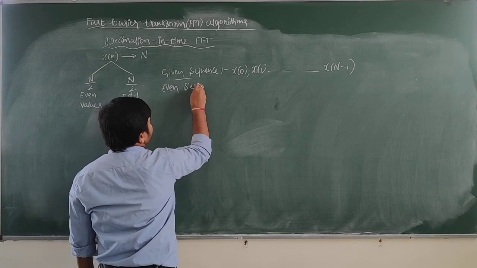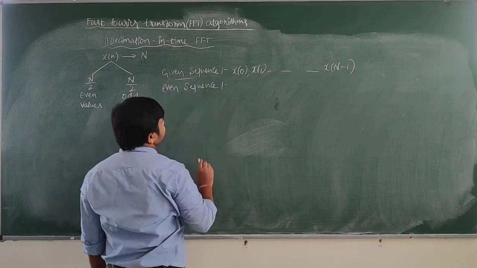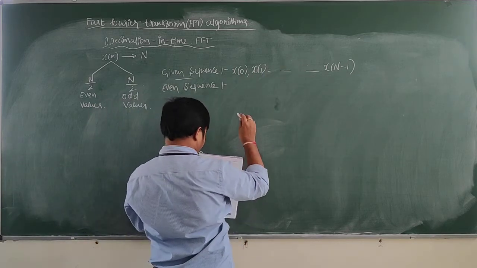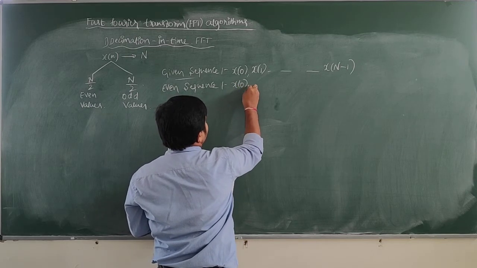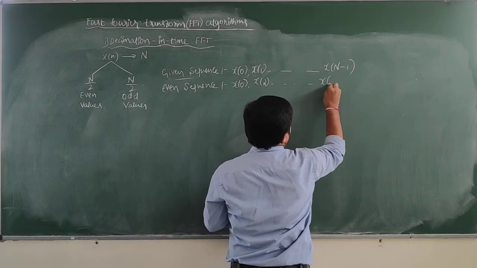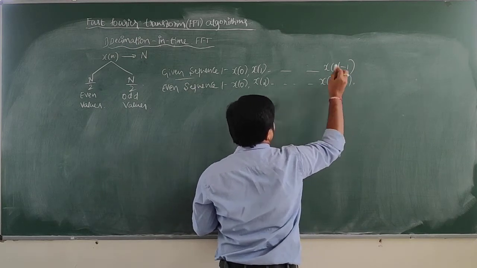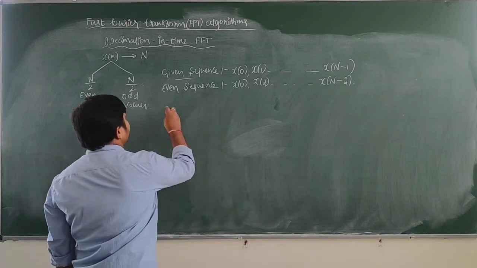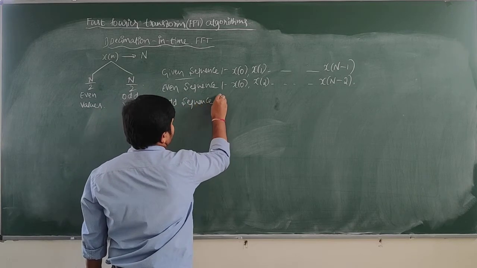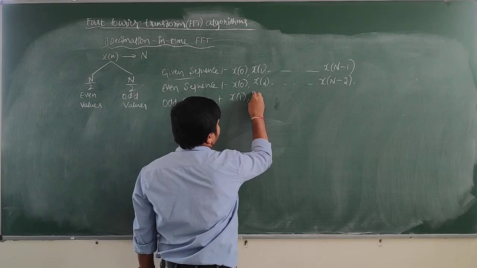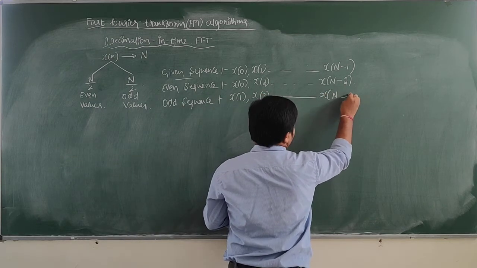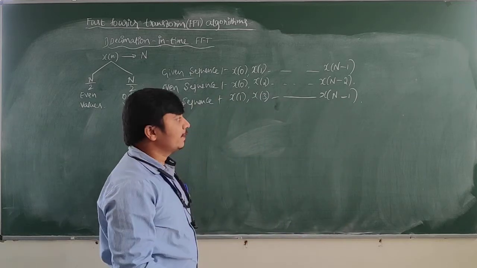The even sequence takes the even values: x of 0, x of 2, and so on up to x of n minus 2. The odd sequence is x of 1, x of 3, and so on up to x of n minus 1.